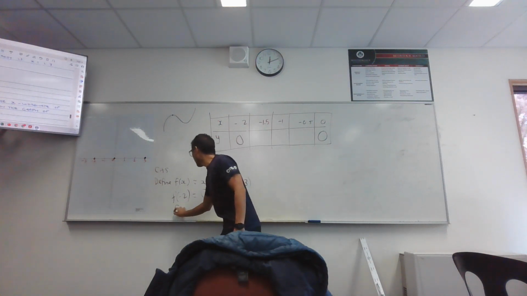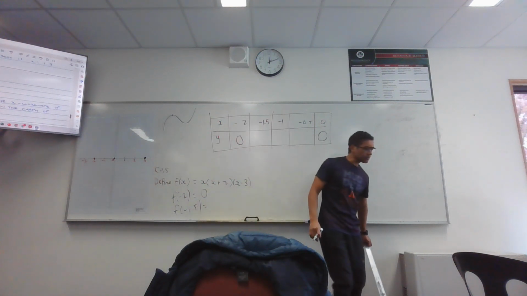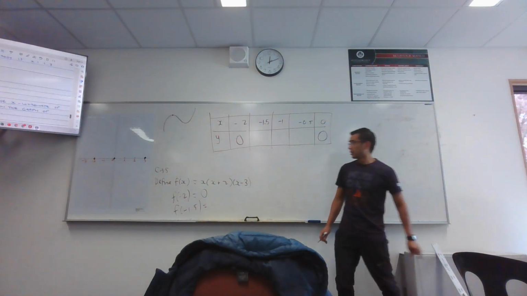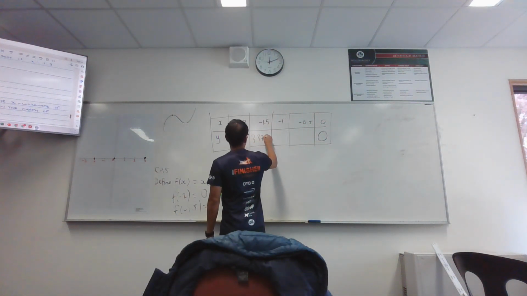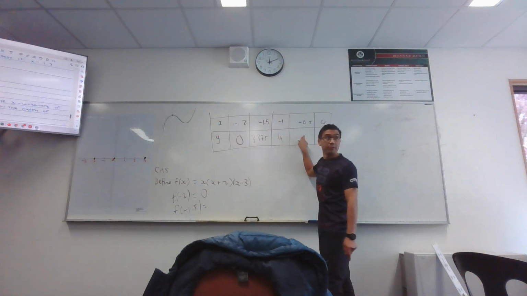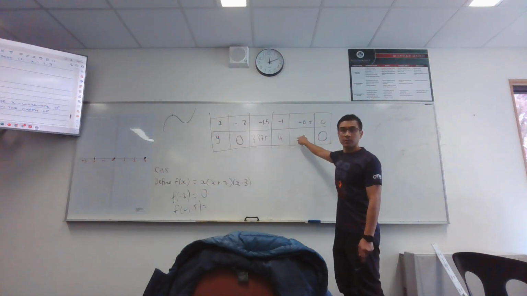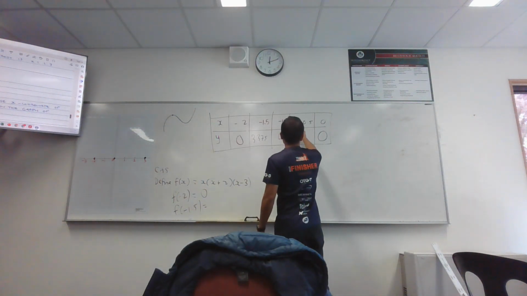Has anyone got -1.5? Has anyone punched that in quickly? -3.375. Yeah, 3.375. Thank you, Nathan. Who's got -0.5? 2.625. Good. Bit of teamwork today.